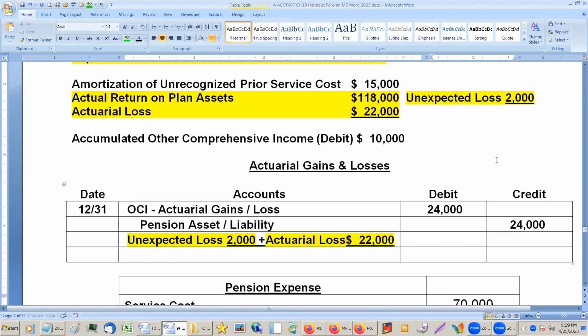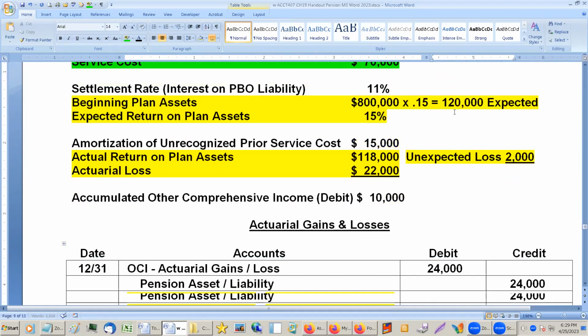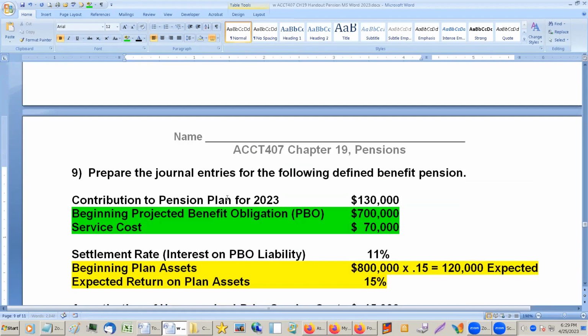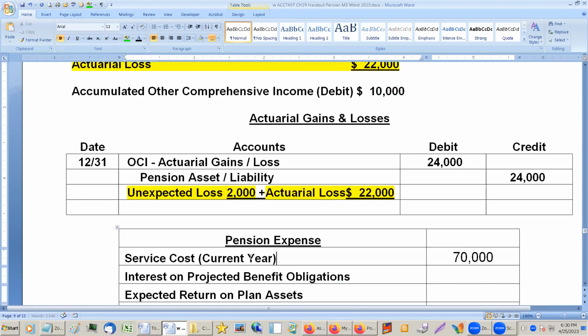Okay, so service costs is for the current year. So in the current year, 2023, yeah. They earn another $70,000 of pension.